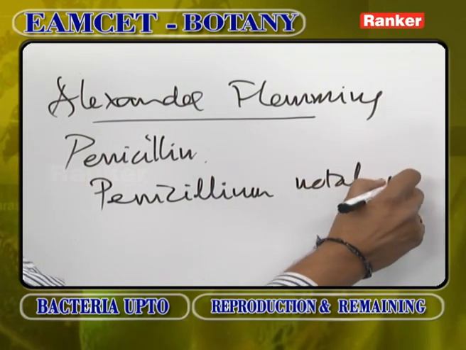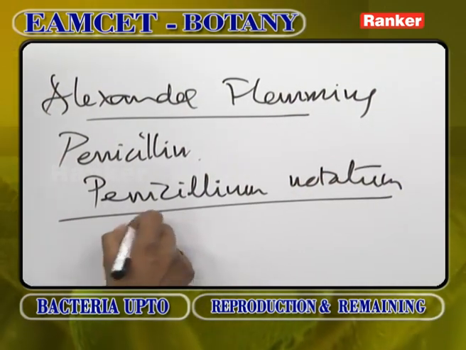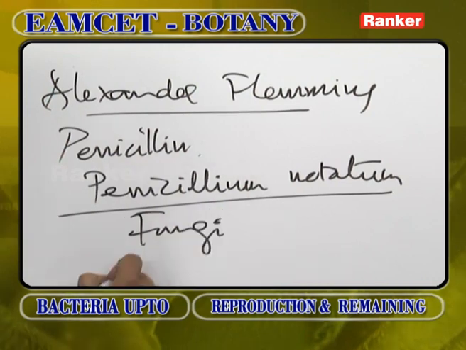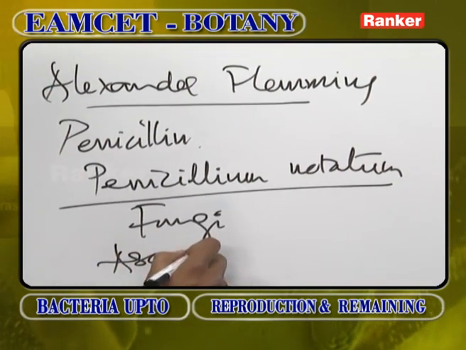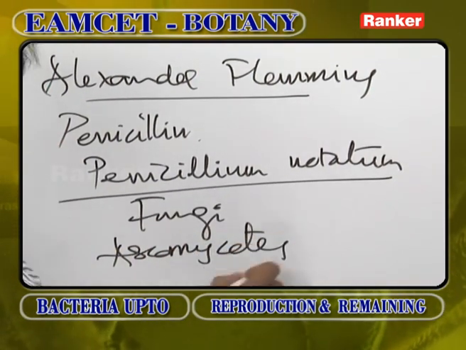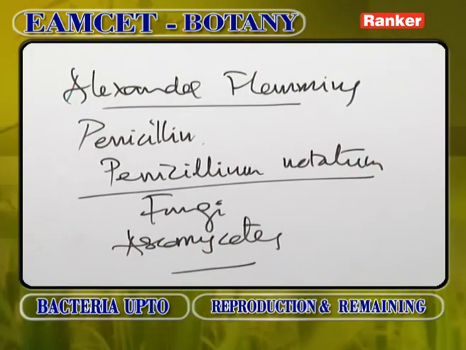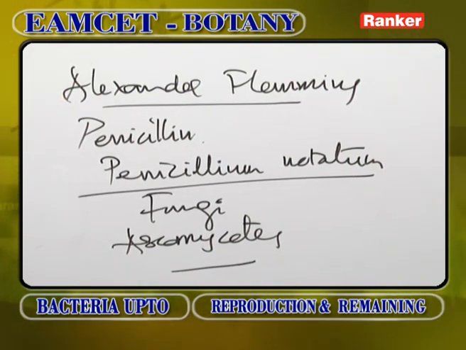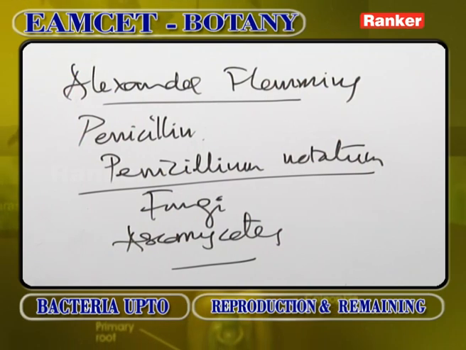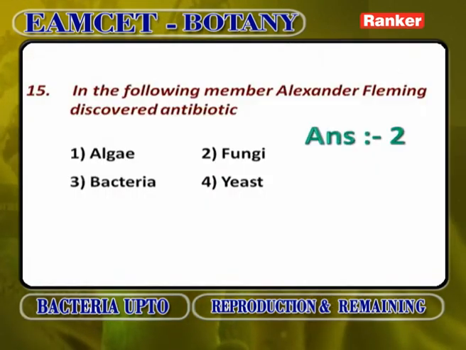Penicillin is obtained from Penicillium notatum. Penicillium notatum is a fungus belonging to the class Ascomycetes. So, Penicillium notatum is the fungus from which Alexander Fleming discovered penicillin.